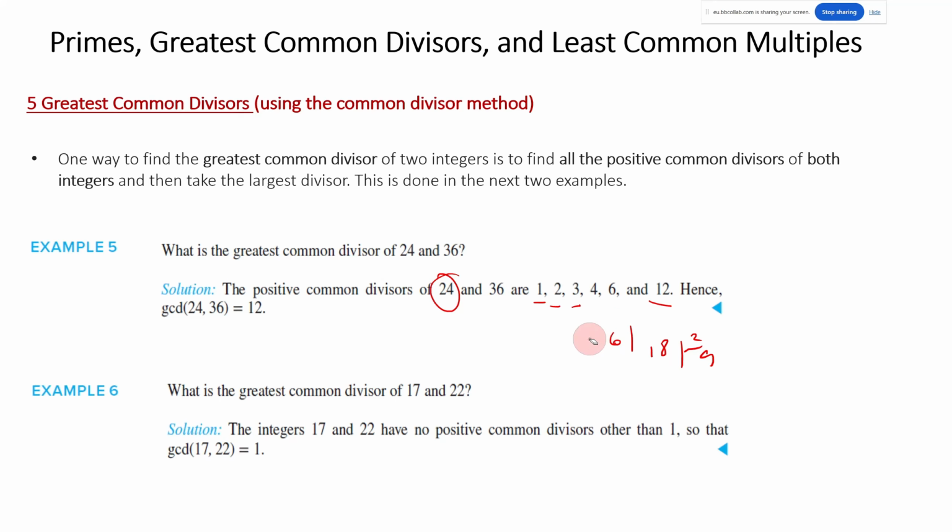I'm just trying to follow all the same numbers, try to find the biggest. So I went to find the biggest, the greatest divisor of 24. I found that it's 12.